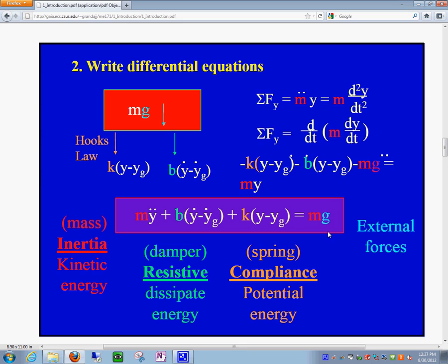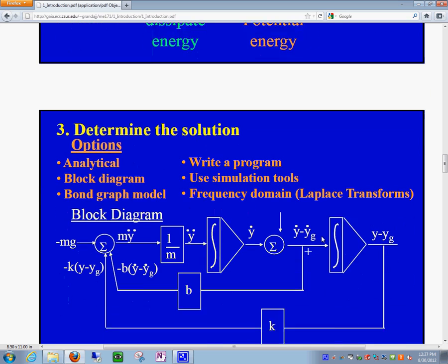Okay, so what did we say in our steps? We had the reality, we did the sketch, then we did a mathematical representation, which is where we are, and then we need to use some method for solution, and that's what we can see next.